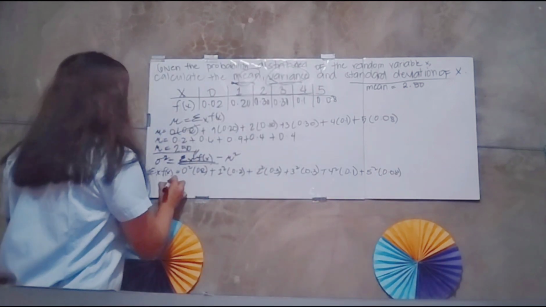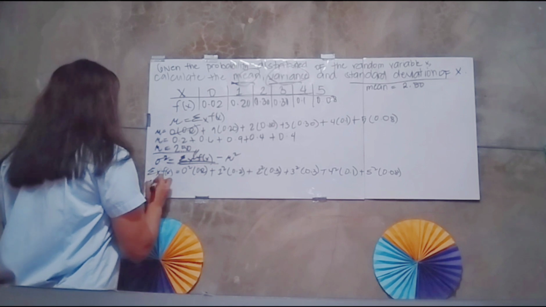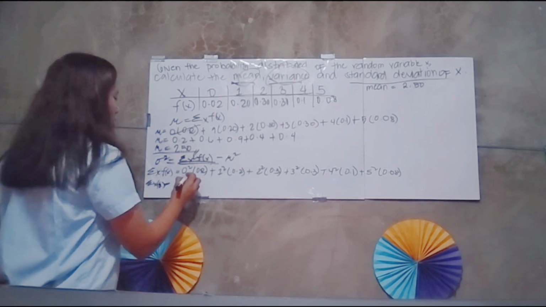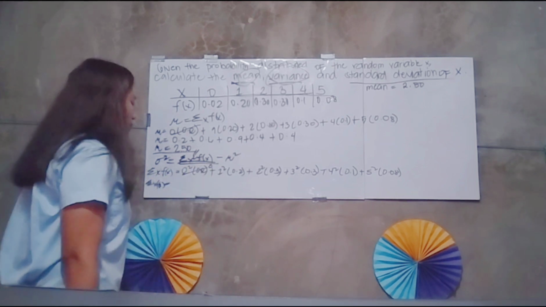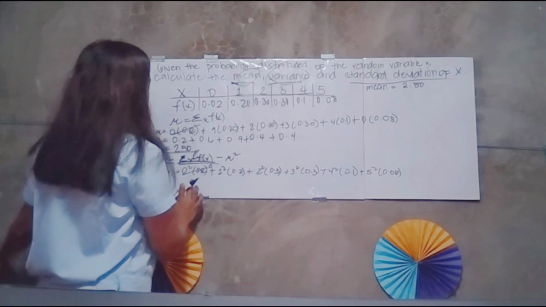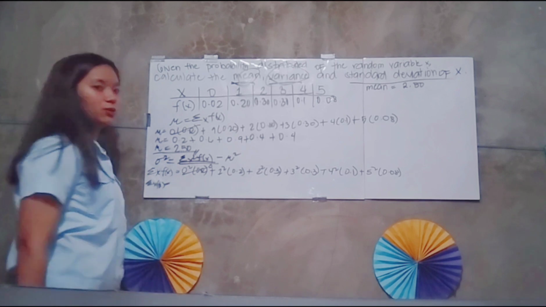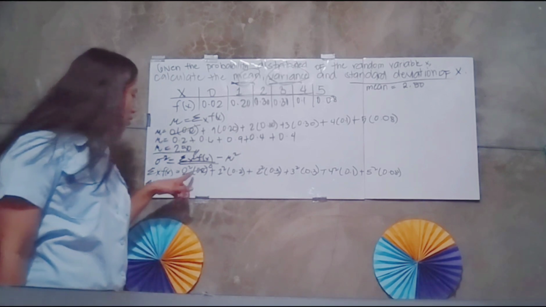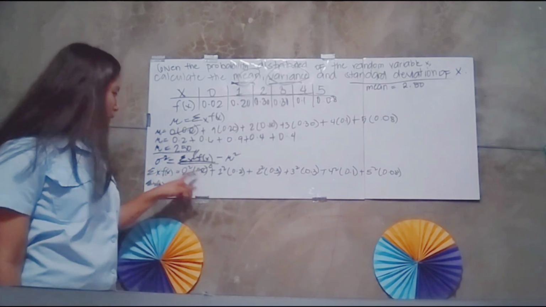So, cancel na natin ito dahil 0 multiplied by 0.02 is equal to 0.